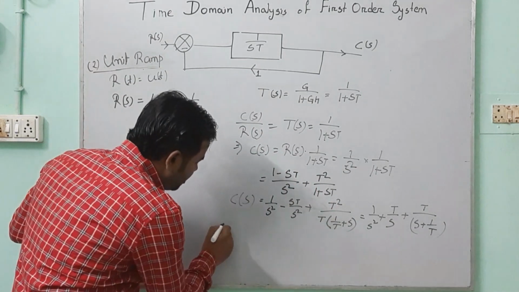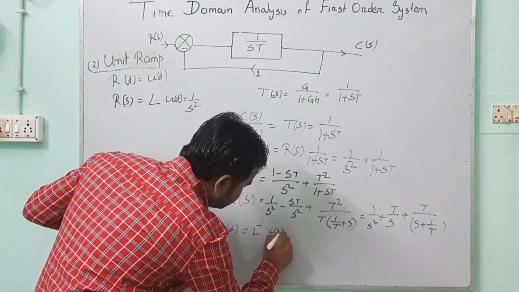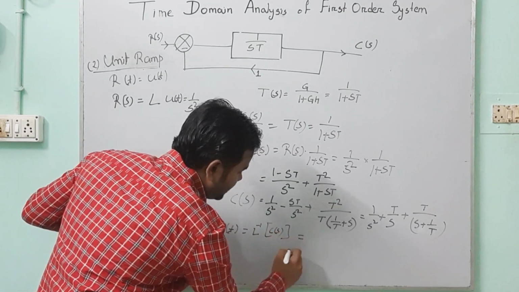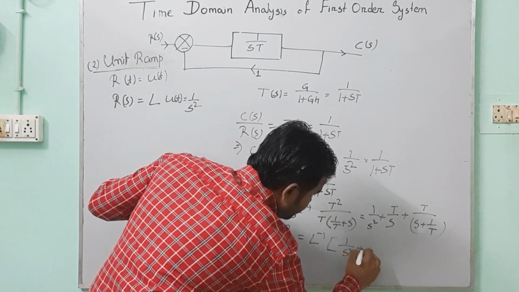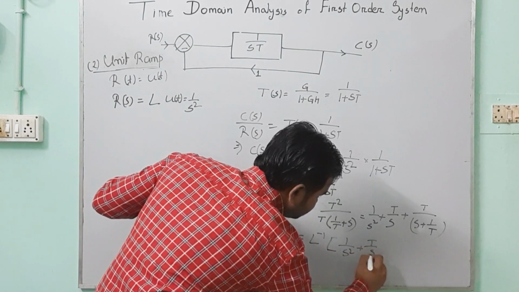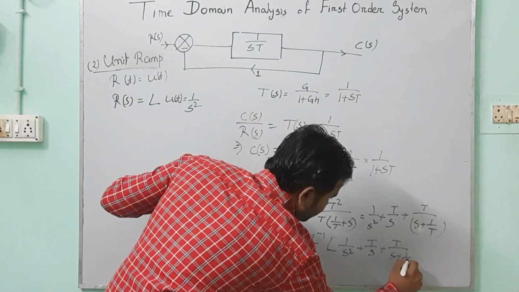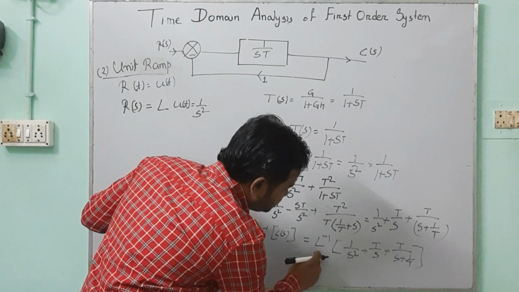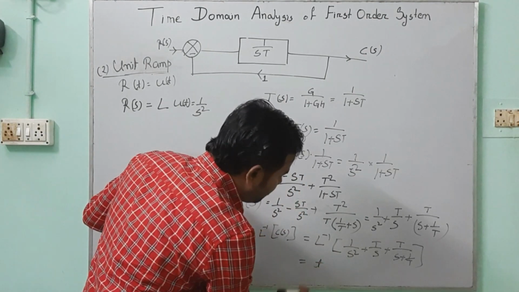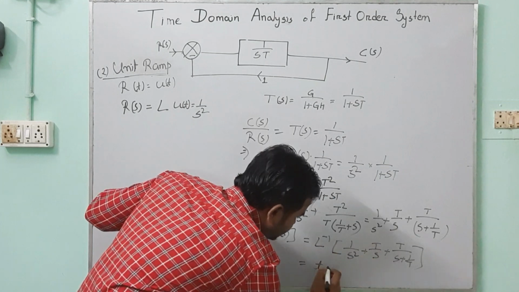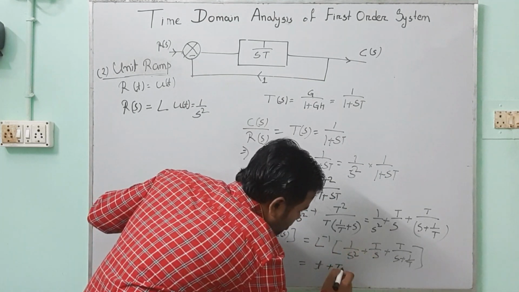Now C of T is the Laplace inverse of C of S, which is the Laplace inverse of 1 by S square minus T by S plus T divided by S plus 1 by T. The Laplace inverse of 1 by S square is equal to small t. Now the Laplace inverse of T by S: T is constant, and the Laplace inverse of 1 by S is equal to 1.